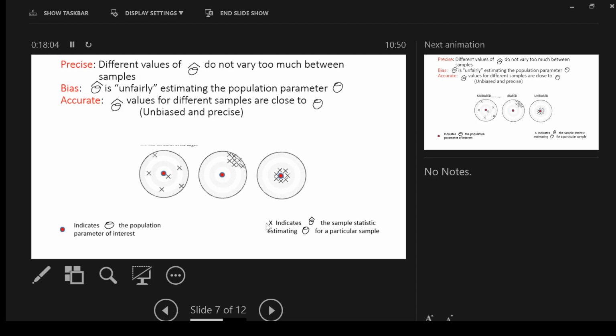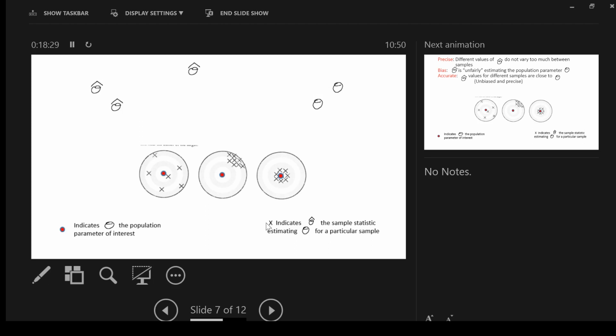Your dot can be in the middle, but it can be far away as long as you're not more on the one side. Roughly balanced is what bias is. So I can see that is unbiased, but it's not precise. This one is biased and it's precise. It's biased because they're not fairly distributed, but it's precise because they're close together, and that one is unbiased and precise.